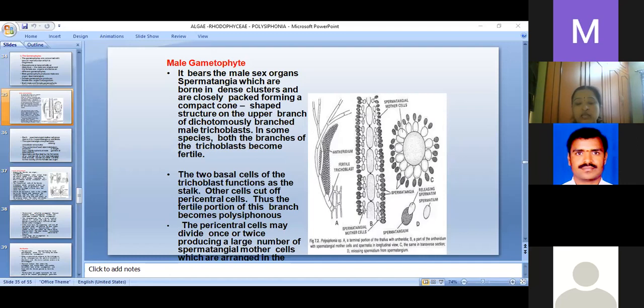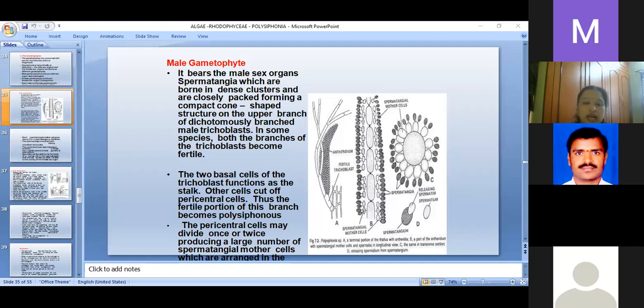Hence the life history of Polysiphonia exhibits isomorphic alternation of generations. This is the life cycle. Polysiphonia is heterothallic, the thallus is heterotrichous, and the erect system is of Polysiphonia type.